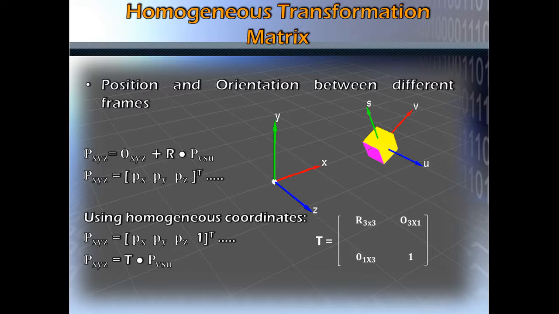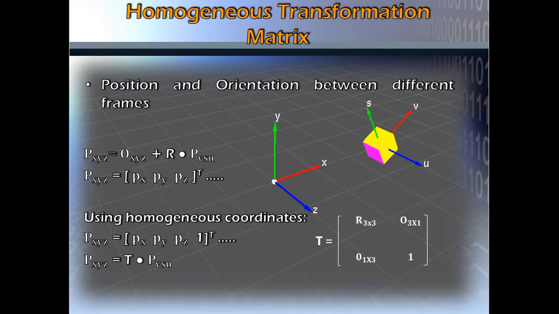So, we need to transform the vector position PVSU into a vector expressed in the frame x, y, z. And we can use the rotation matrix that expresses the orientation of the frame VSU with respect to the frame x, y, z in order to compute this transformation.